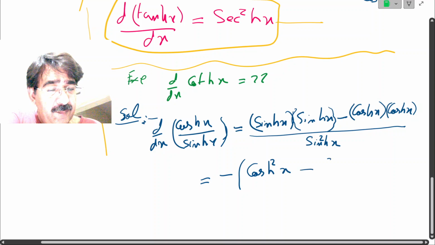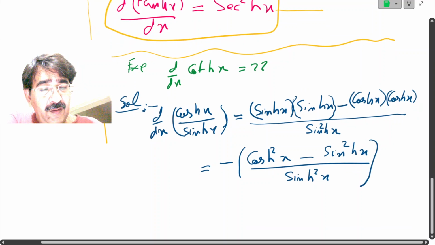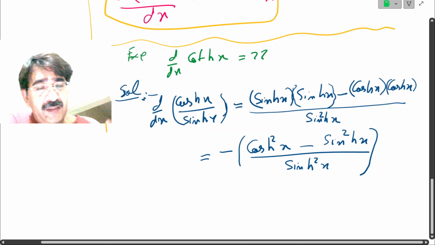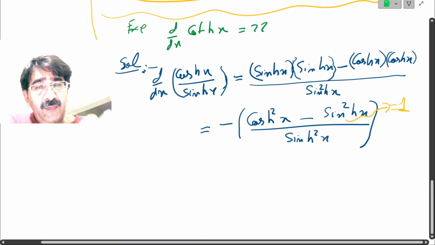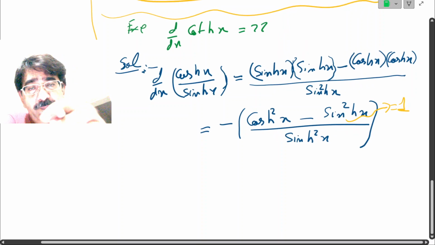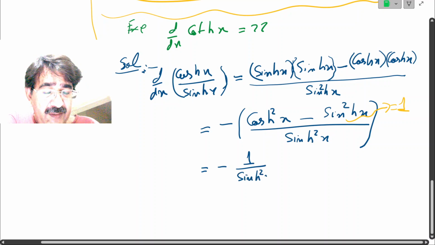Cos hyperbolic square minus sine hyperbolic square x, divided by sine hyperbolic square x. As I have already explained, the numerator is equal to 1. So the result will be equal to minus 1 divided by sine hyperbolic square x.